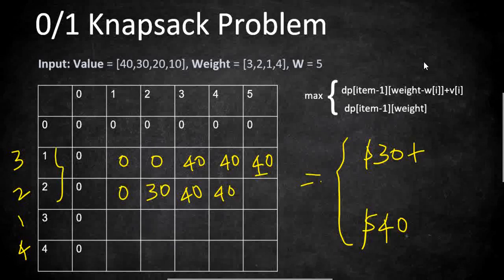Our previous item, item number 1, has weight 3, so we can pick that item. So we check in our previous row at cell 3, is there any value? Yes, there is a value. So we add that value here, which gives us 70. The maximum of 70 and 40 is going to be 70. So I'm filling this cell with 70.